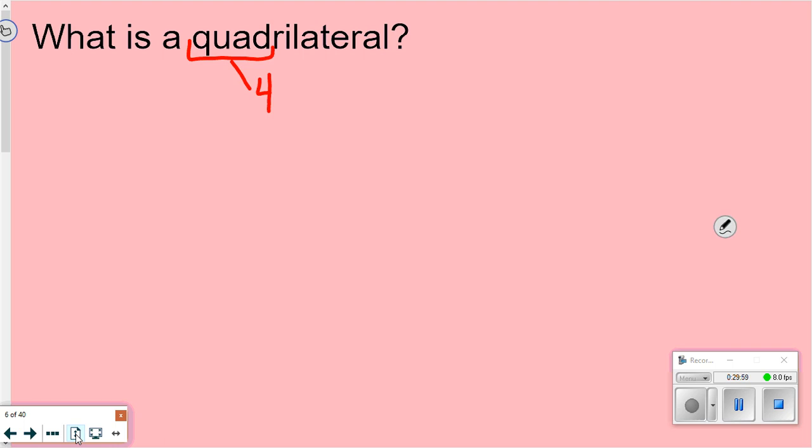The first rule to being a quadrilateral is it must have 4 straight sides. Very similar to our triangle, except instead of 3, it has 4.